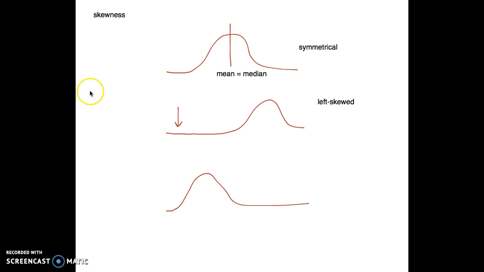So think of it that way. So there's a low outlier, and it could be more than one. It's most likely more than one. And then on the next one, it's going to be right skewed, and the outliers are going to be higher than the rest of the numbers.